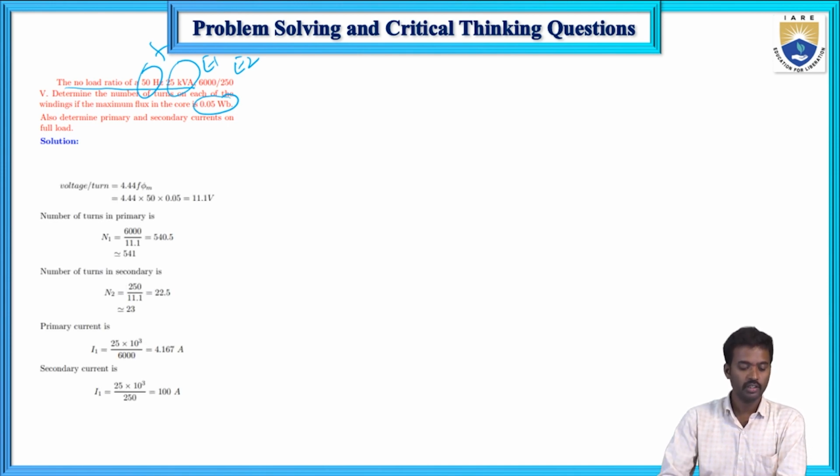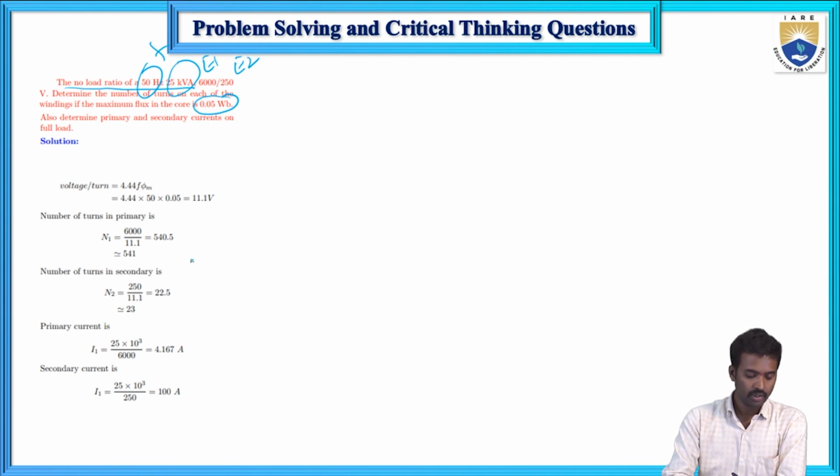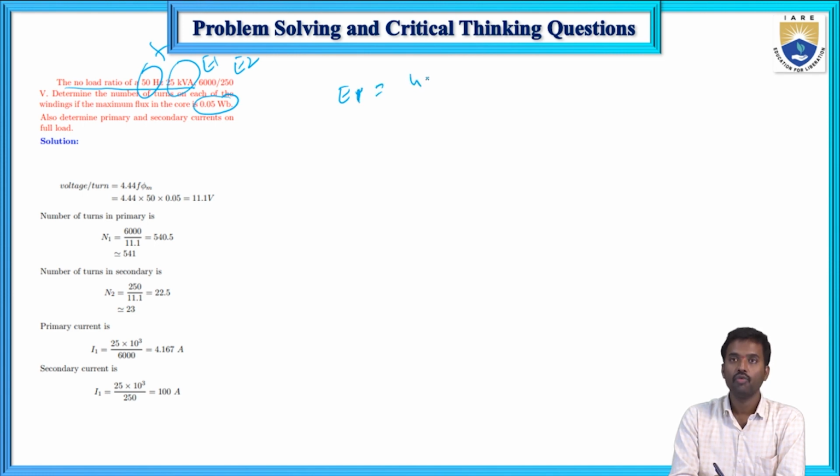So primary winding turns, you can determine first. Here how will you determine EMF per turn? We know this EMF per turn. First here primary winding turns I will calculate, and secondary winding turns. So EMF per turn E1 equals 4.44 into phi into f into N1.